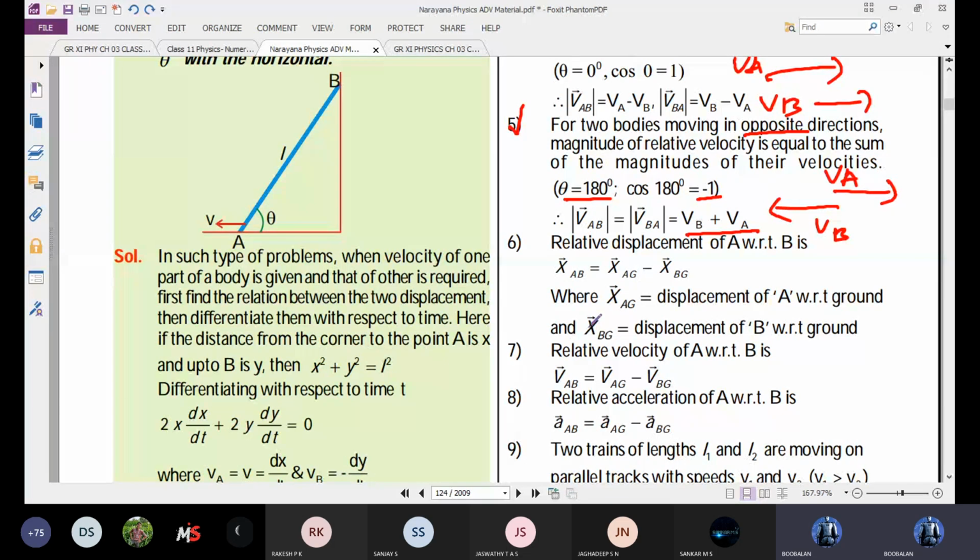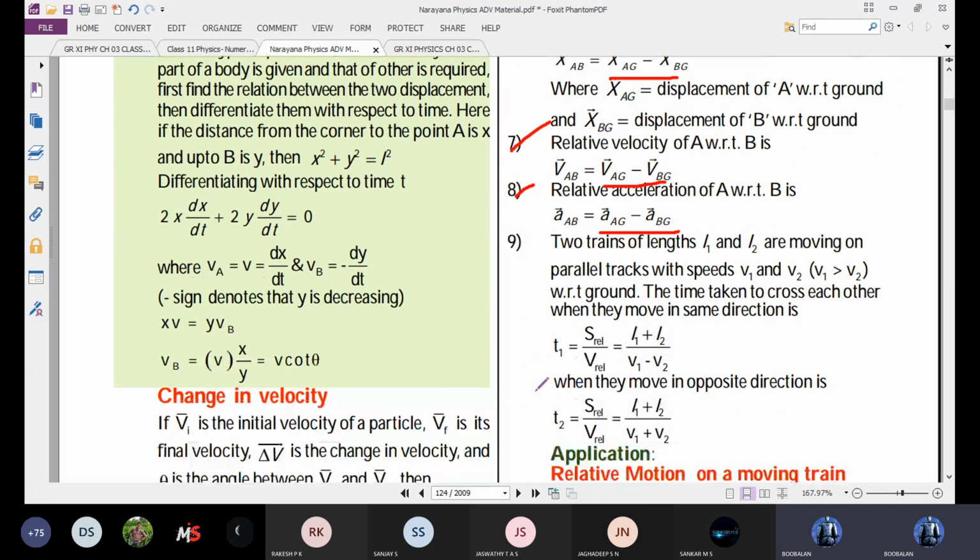Opposite direction means it is a plus, same direction means it is minus. For displacement we denote X, velocity we denote V, acceleration A. Formula number 6, 7, 8.